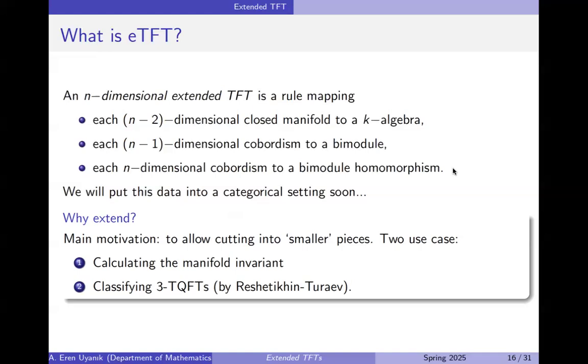So this should be the ground field K, and the image of the sphere is just a linear map between these two vector spaces. And a linear map is determined by the image of the identity. So the image of the sphere is just a scalar in K. We associate the scalar to the sphere as an invariant.